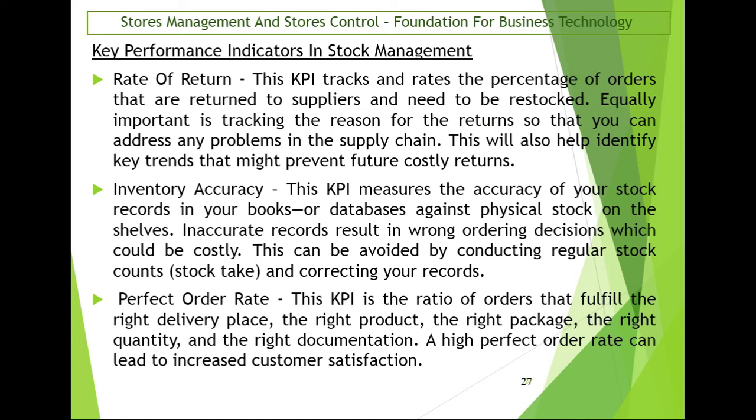And how often does it go with wrong documentation? So a measure of accuracy in each of these areas gives us a perfect order rate. And the more perfect your record is, the more satisfied your clients will also be.